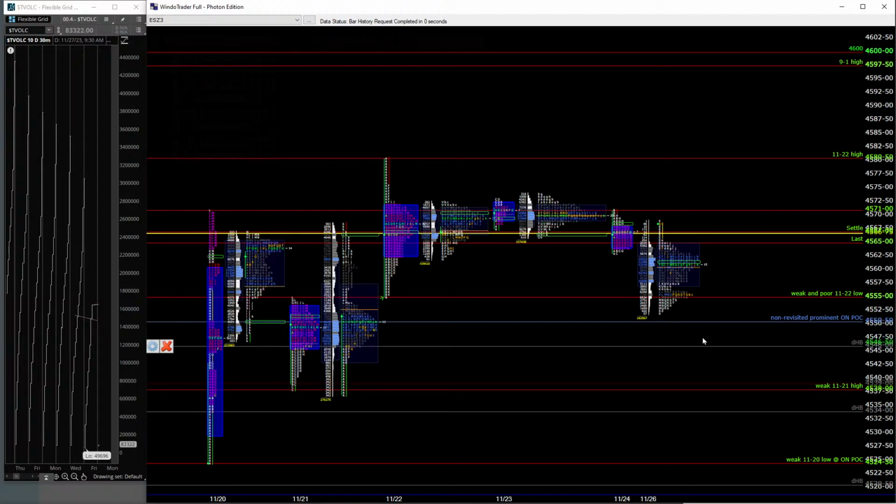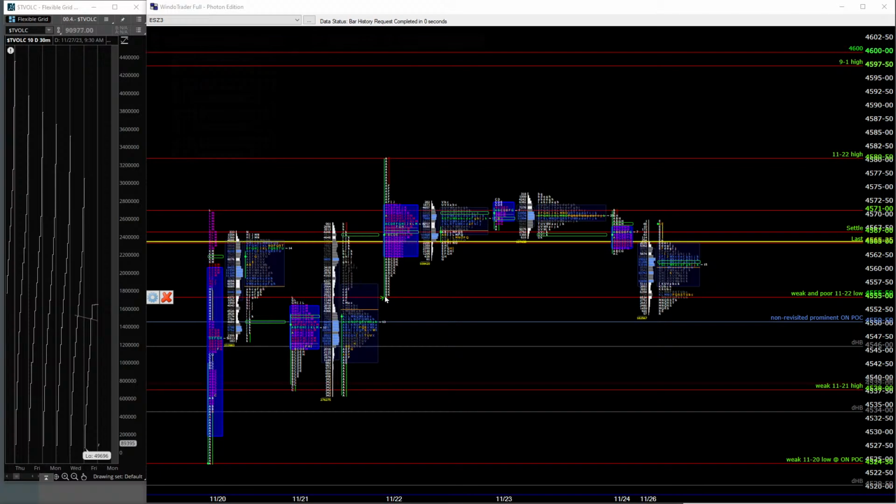Weak longs here, weak shorts here, weak longs here. Now let the market settle. The market is having upside continuation, right? Unless the market takes this low out, everything remains unchanged to the upside here.